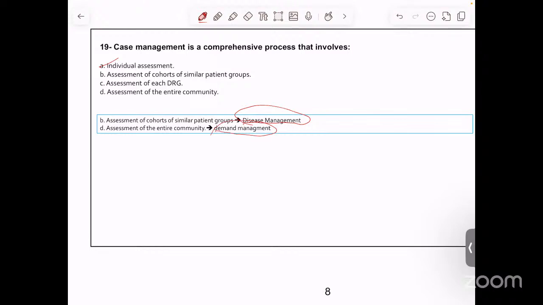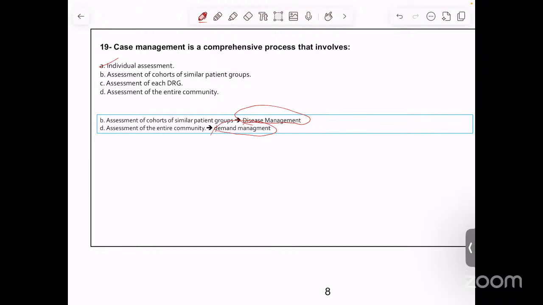For individual assessment, case management is a personalized process that involves individual assessment to coordinate and optimize care for specific patients. It also focuses on evaluating each patient's needs, developing a tailored care plan, and ensuring efficient resource utilization. Your answer, assessment of cohorts, is incorrect because this approach is more aligned with population health management, and as I said, disease management.